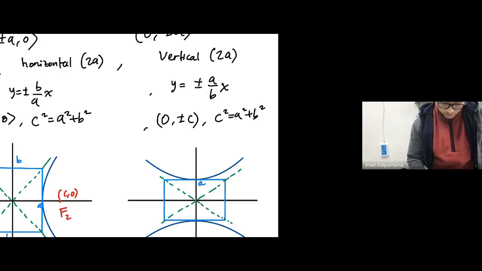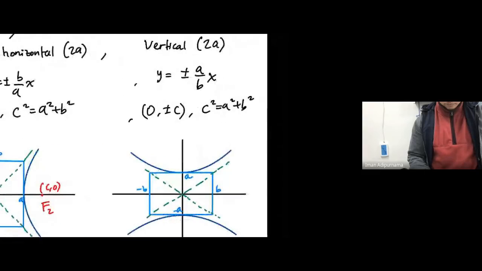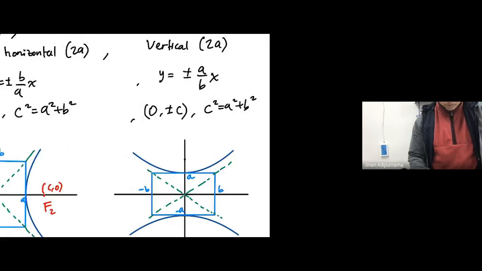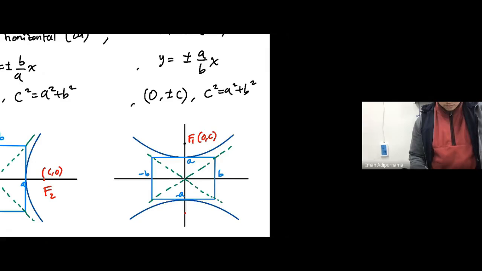Now this is A, this is negative A, and B, negative B. And then this is F1, the 0C. This is the F2.